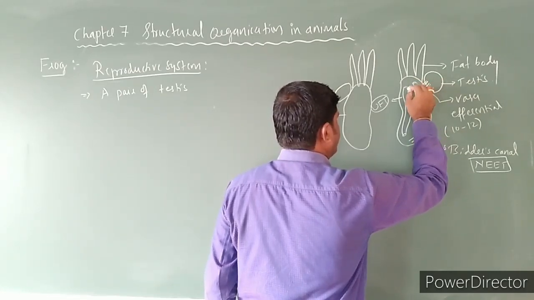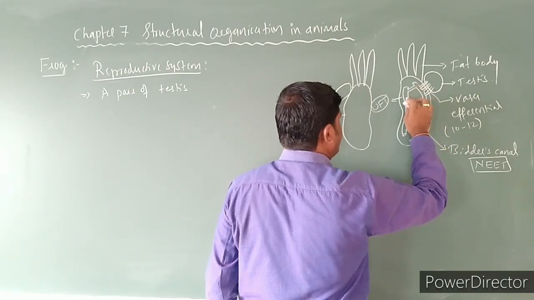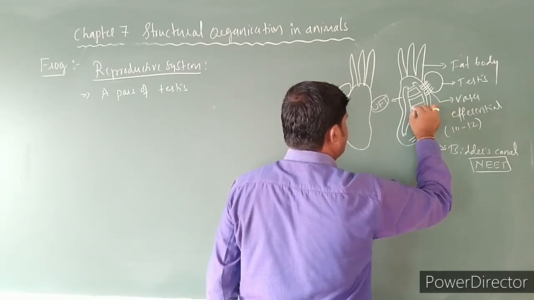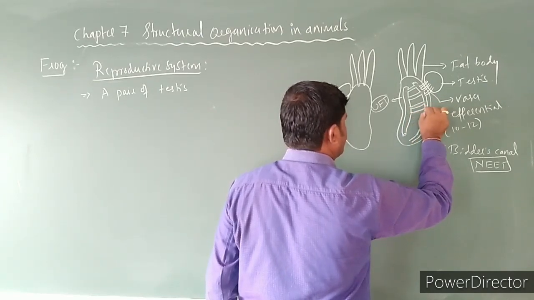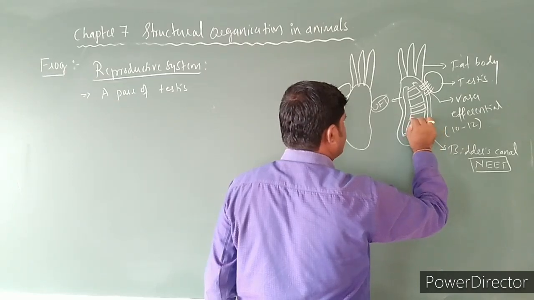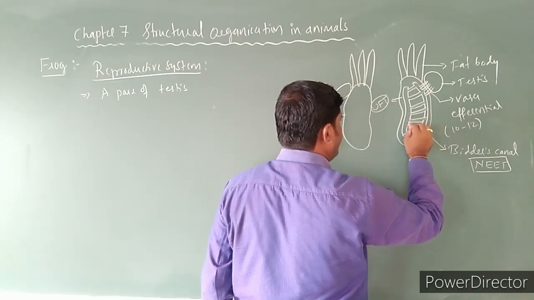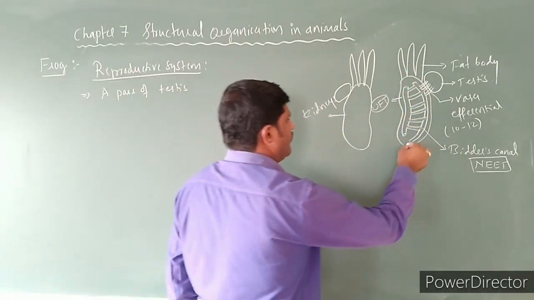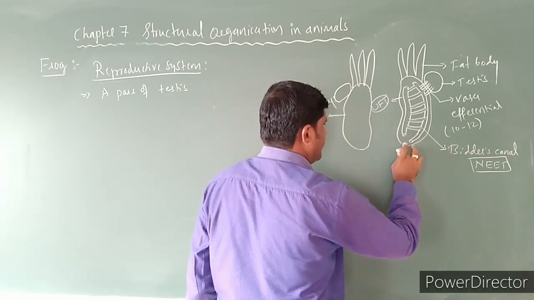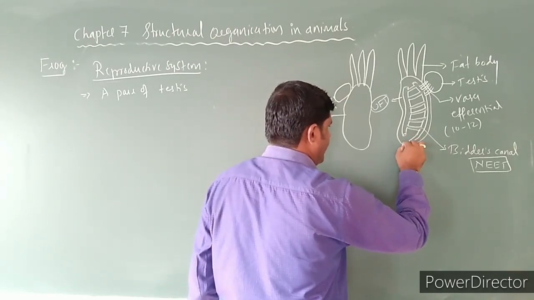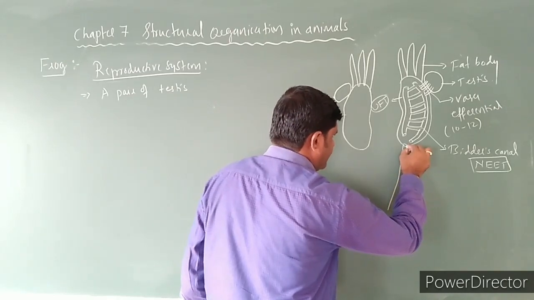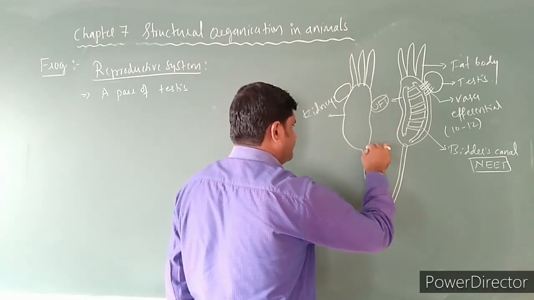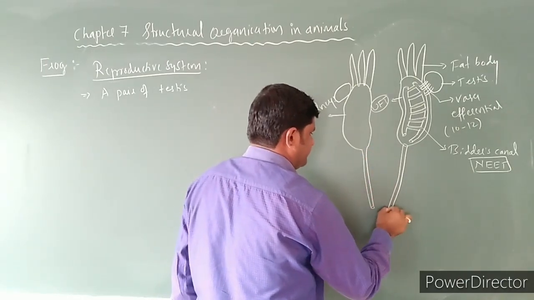Here you come across the transverse connection between Bidder's canal and the uriniferous tubule. A transverse connection is there, and both of them open into a common opening, which is nothing but the ureter. A pair of ureters emerge from the kidneys.